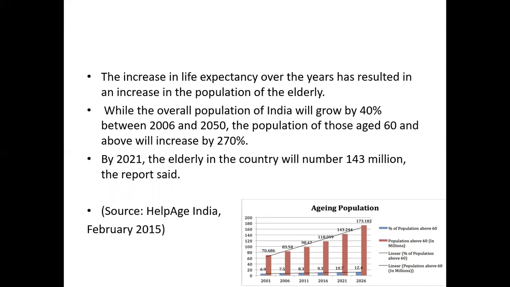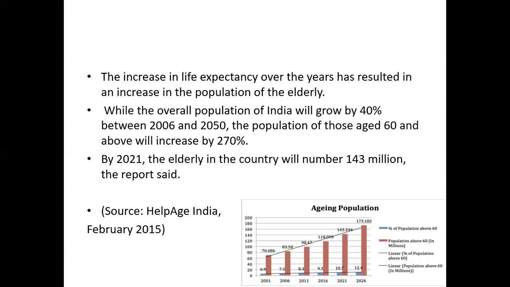While the overall population of India will grow only by 40% between 2006 and 2050, the population aged 60 and above will increase by 270%. There's a huge increase, especially because of this generation.